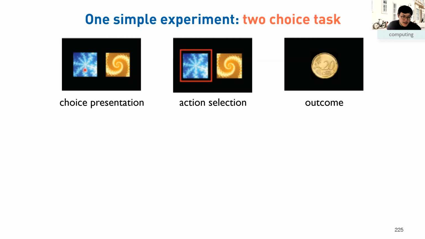So what the participants are supposed to do is choose, make a decision, and then action, which one they chose, and then outcome, the consequence resulting from the action.